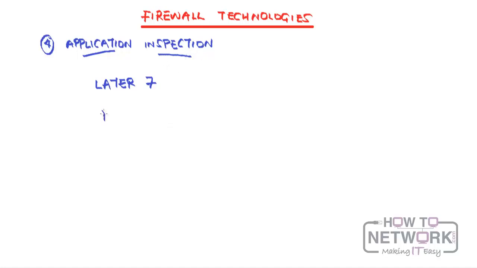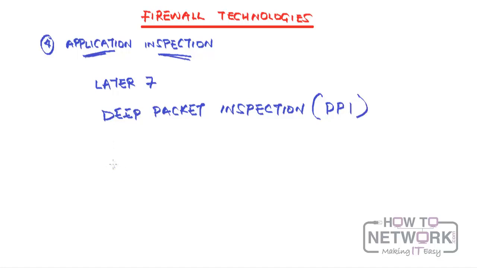Application layer inspection is also called deep packet inspection. So when you hear deep packet inspection on the ASA or something, just know it's also referring to application inspection. That's DPI. One of the weaknesses of the application inspection is that it requires greater processing power.